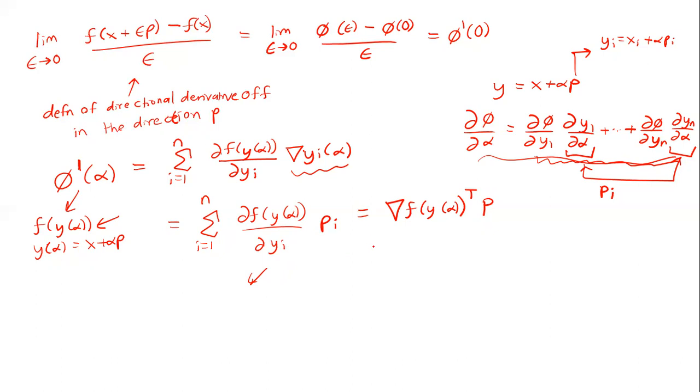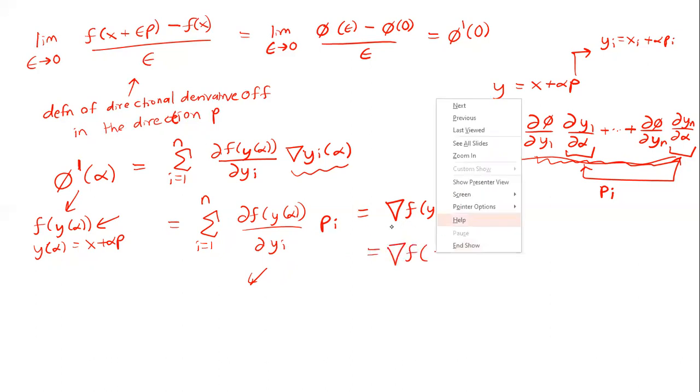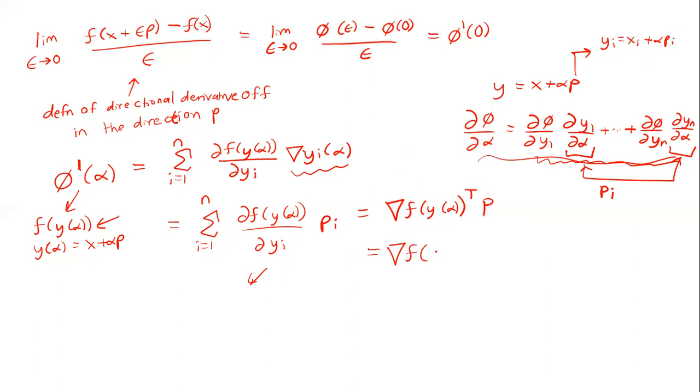And so this is then equal to del f of, now plug in for the y, x plus alpha p transpose p. And so if alpha is equal to 0, then phi prime of alpha is equal to del f of x transpose p.